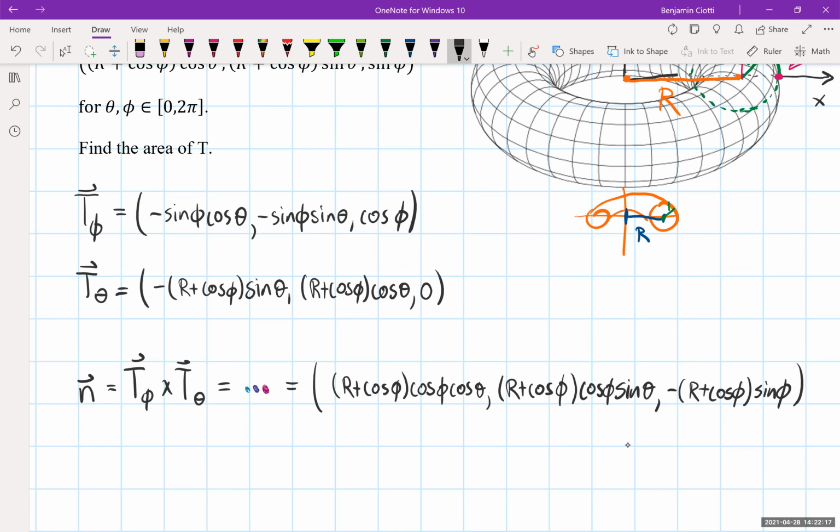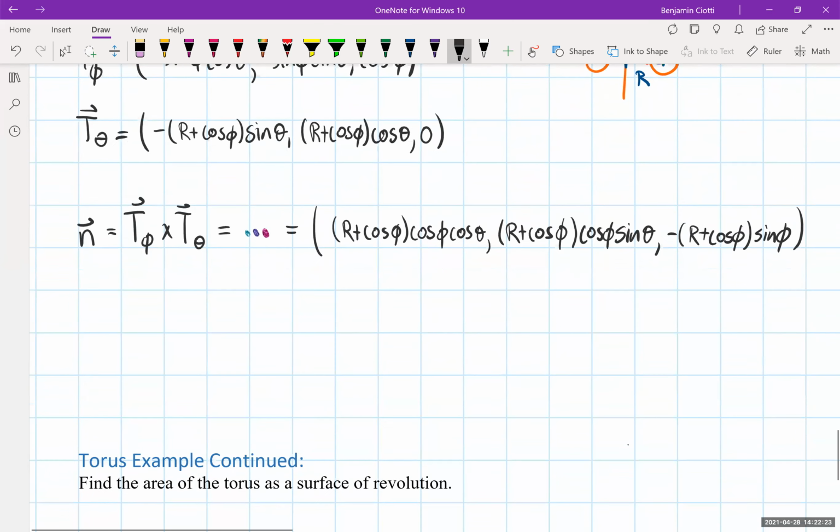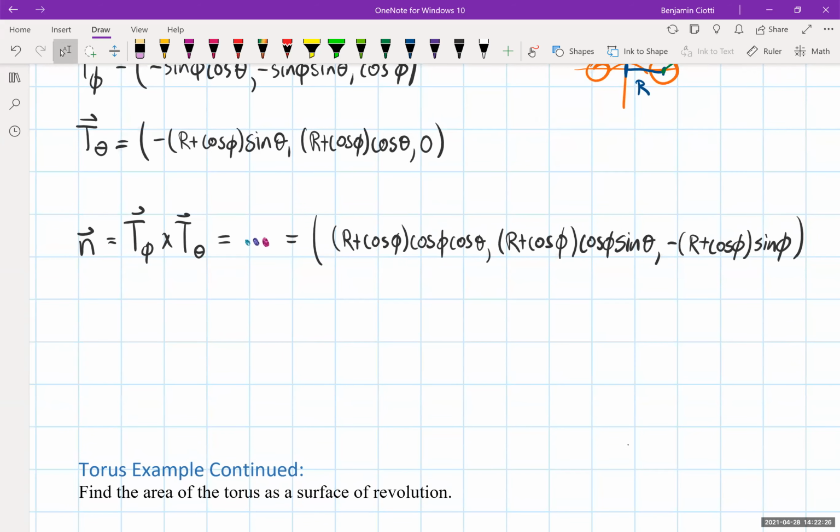Krishna asked if we could do this by rotating it around the z-axis. Yes, so that's the second part of this example. In fact, it asks you to calculate the area using that interpretation.